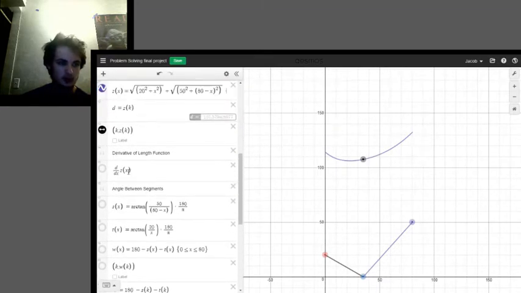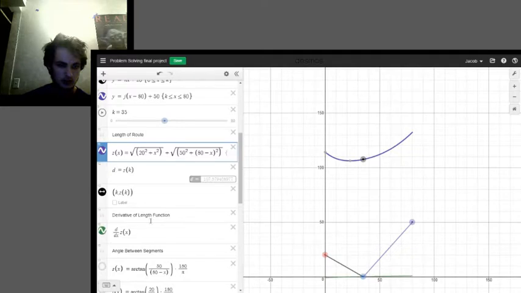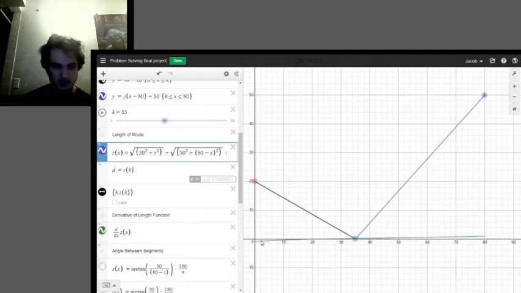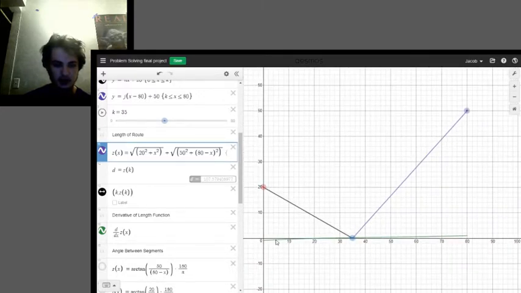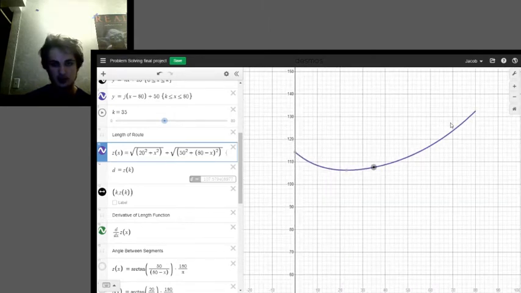So right here you can see I take the derivative of my length function, which gives me this curve here, which is kind of hard to see, but that is the derivative.